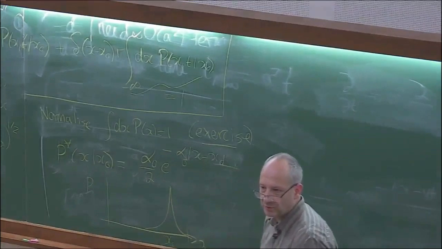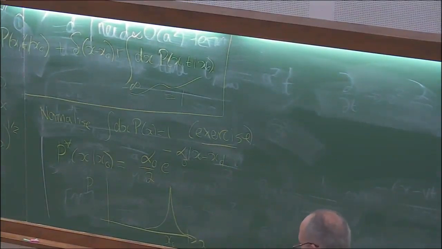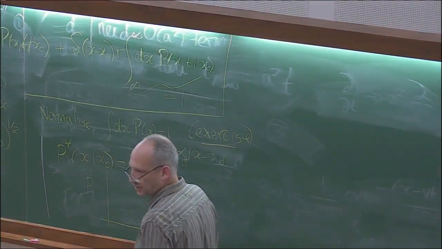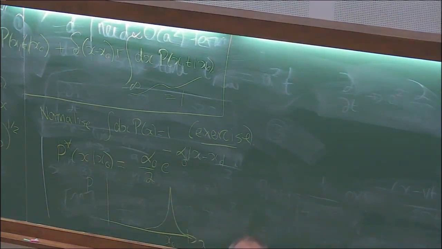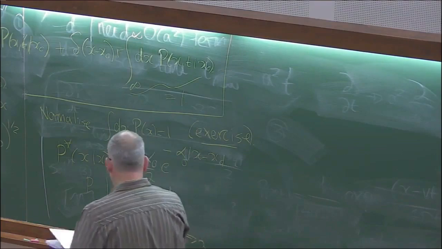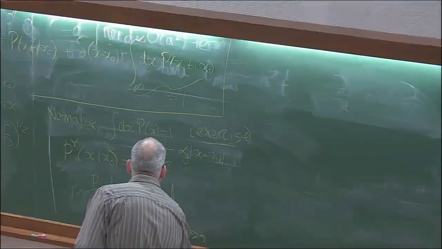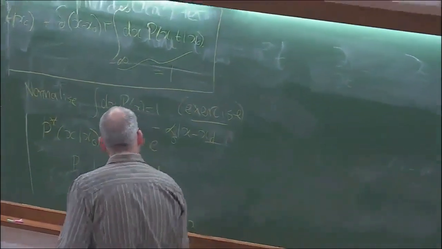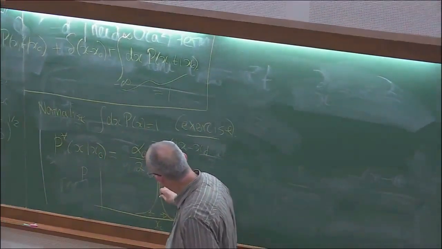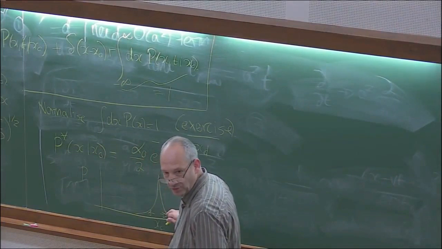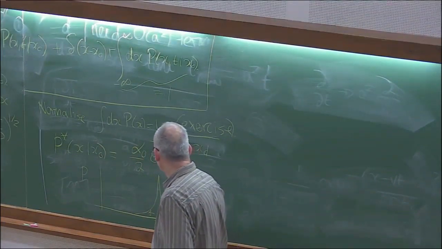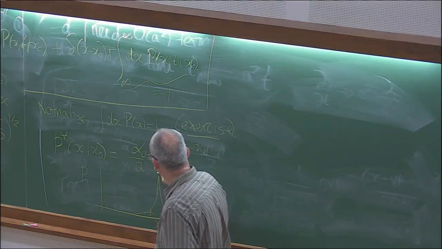It's, of course, peaked at x naught, because that's where I reset to. Now, the interesting thing is that if I look at the flow of probability, the arrows here are meant to indicate the flow of probability. Because it's diffusion, probability will flow down the gradient, so it will flow outward. But then it gets reset, so the probability flows back in.